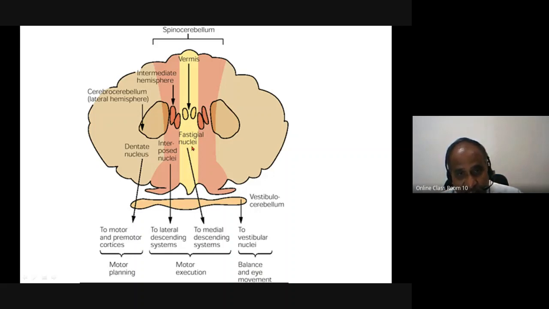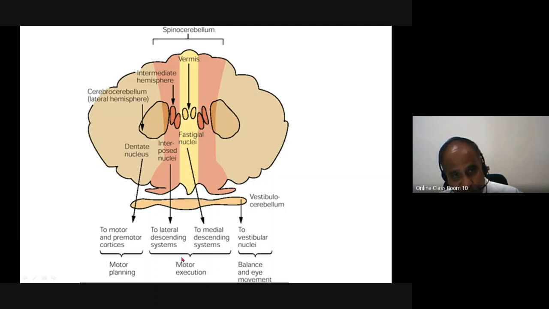And coming here, we have the lateral system and the medial descending system. These are for axial muscles. These are for distal muscles. So this portion is for motor execution and the servo control mechanism.